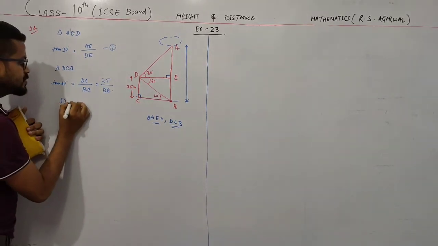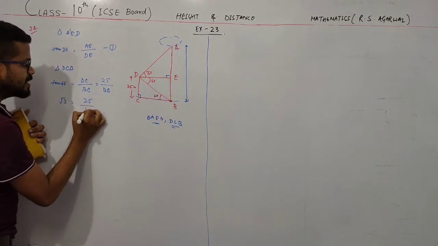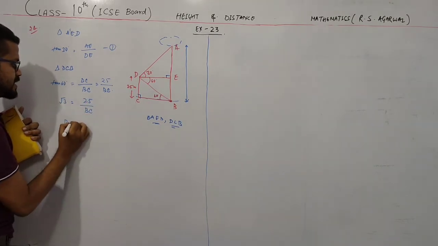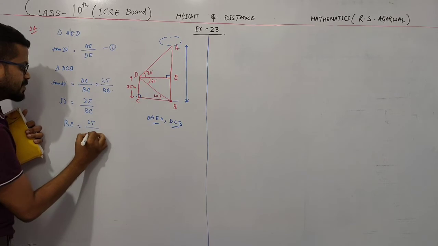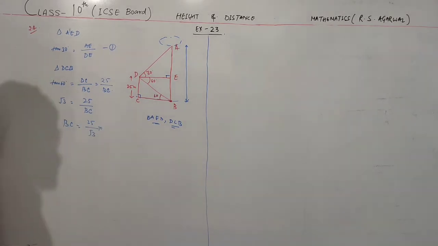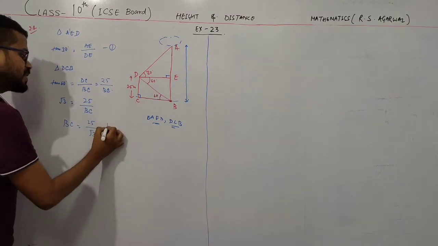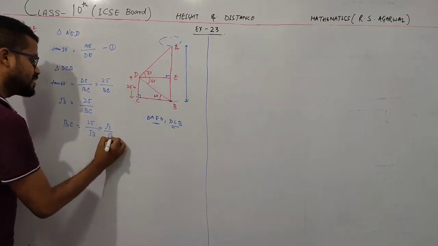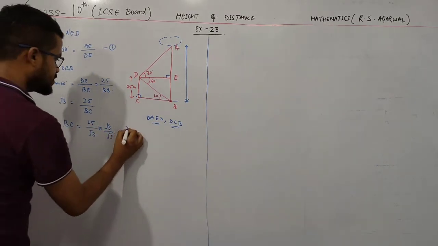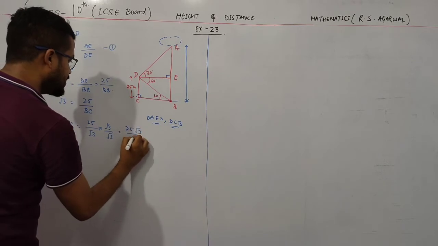Tan 60 degree is root 3, this is 25 upon BC, so BC is equals to 25 upon root 3. We need to rationalize this, so multiply and divide by root 3, so this is 25 root 3 by 3.